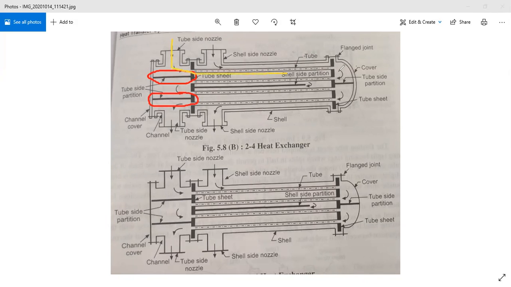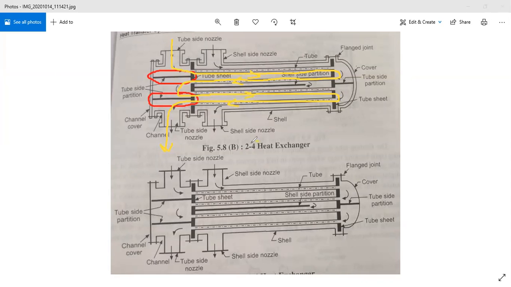So you can observe the direction of this tube side fluid, and like this, right? So these tube side fluid particles or molecules pass. This is the first pass, in the reverse direction is the second pass, then again the third, and this is the fourth.